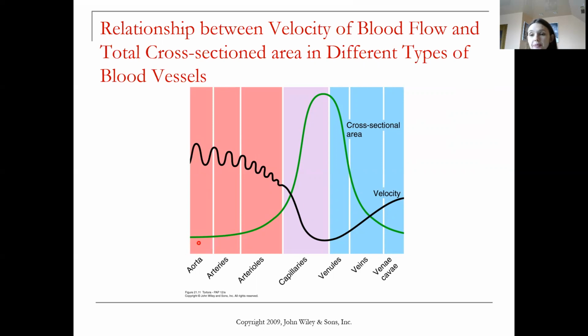The cross-sectional area increases to some extent at the level of the arterioles, but then it will be very high at the level of the capillaries. At the level of the capillaries, the velocity of blood flow with the greater cross-sectional area will be smaller.